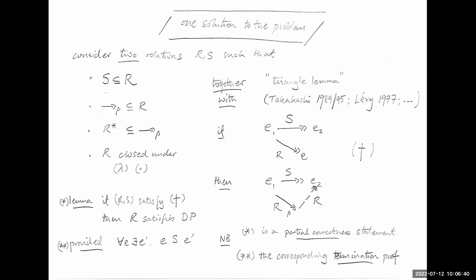But I also need some hygiene conditions that R is suitably closed under the term constructors, so it's congruential. And how I'm going to get at this is by a slight device. And the device is to introduce a second relation S, which we can see as a determinization of R.